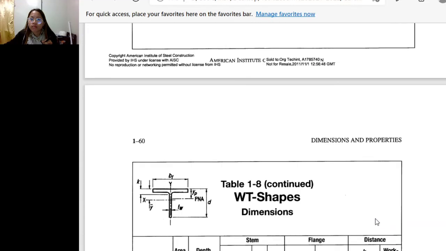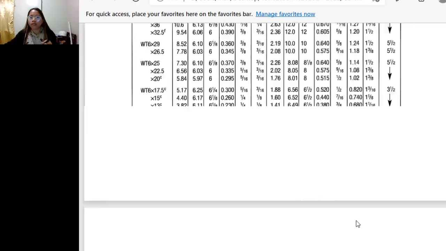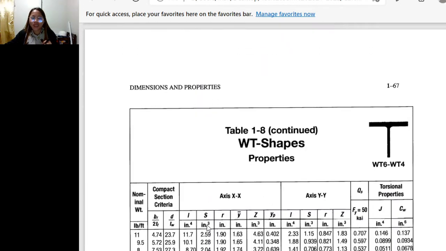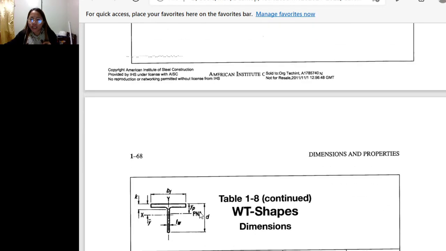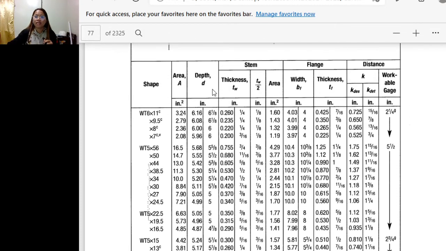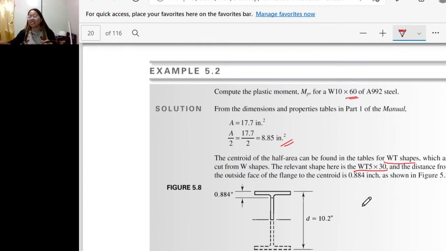WT 5 by 30. The distance from the outside face of the flange to the centroid is 0.884 inch from the table.